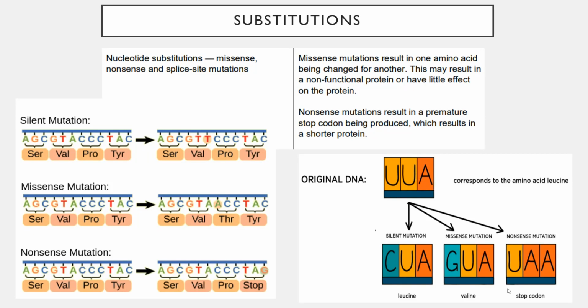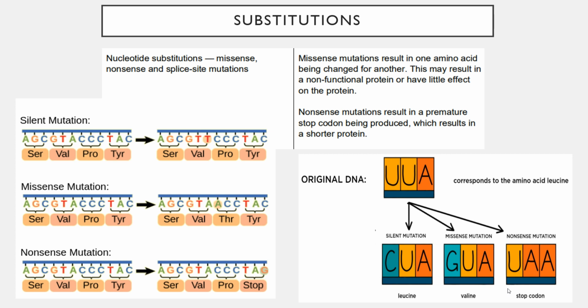So, the consequences of a substitution mutation, where you've swapped one nucleotide for another, can result in either a missense or a nonsense mutation. So, a missense, when you've swapped one nucleotide for another, you still get an amino acid added, not necessarily the correct one, but it generally has little effect on the end protein.